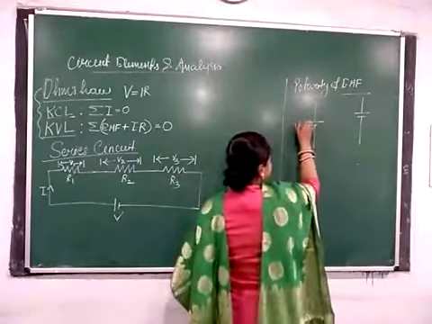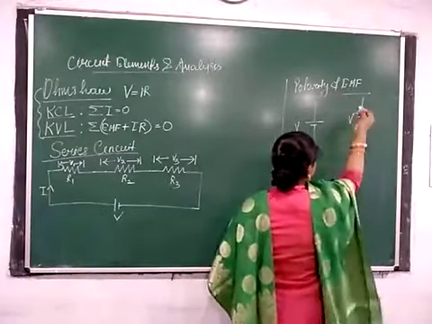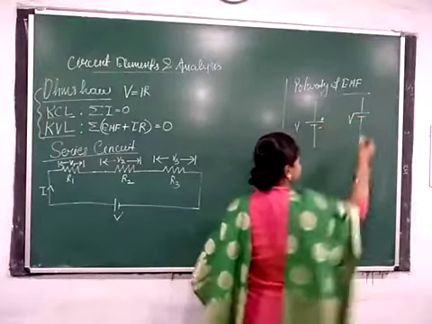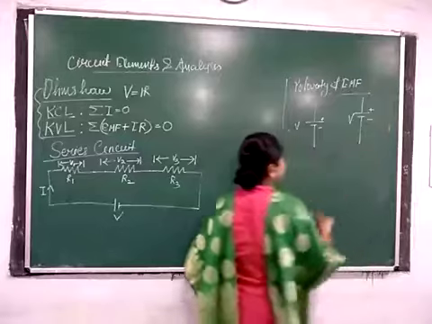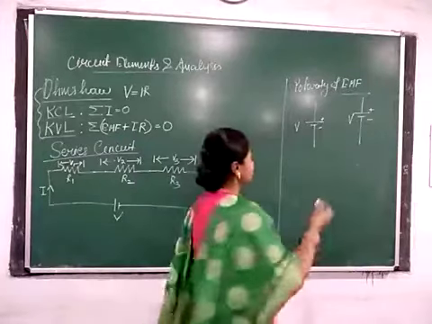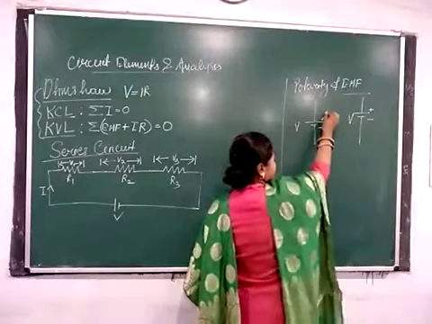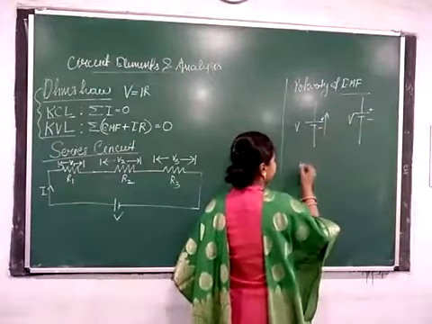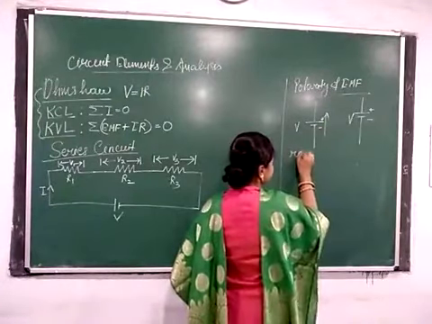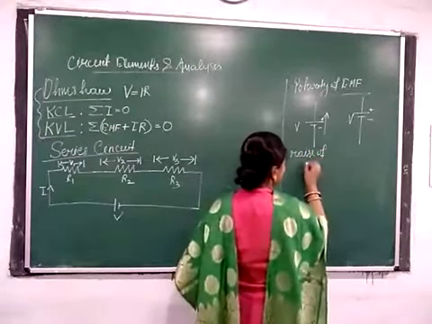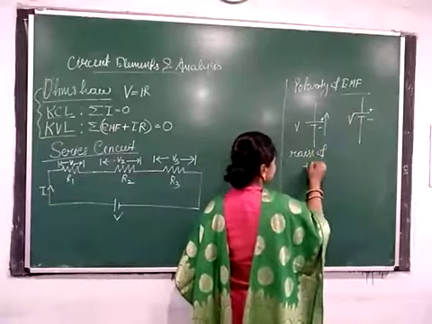This battery has a voltage of V, and this one also has a voltage of V. This is the positive polarity, this is the negative. In the first figure, if you go from negative to positive polarity, a rise of voltage takes place, so the polarity of V is plus.